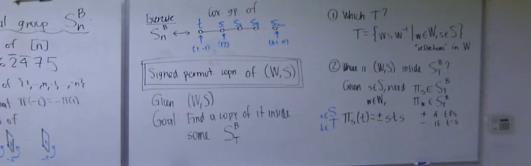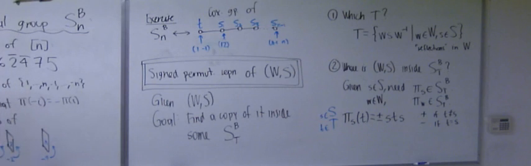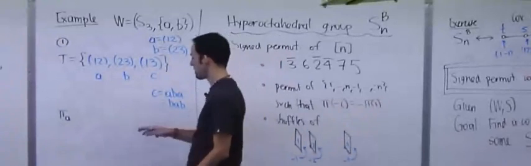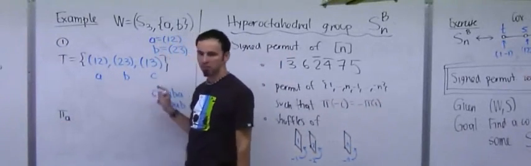I'm going to define, here's an element of W, 1, 2, and that defines for me a permutation pi sub A of T, which might have signs. Okay. Now, that equation over there tells me how to define pi sub A of A, pi sub A of B, pi sub A of C.